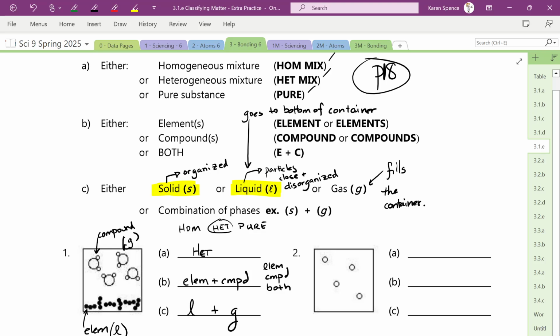Let's do the test corrections. You want to do that now? Yeah. Okay, perfect. Let me find your test. Okay, so what we're gonna do, I'm gonna say one of these is here, one of these is here.